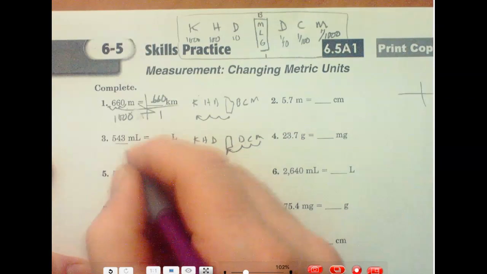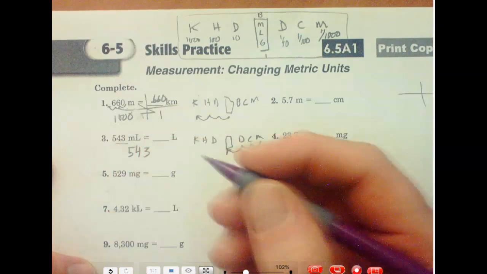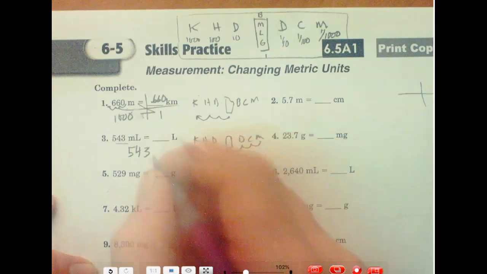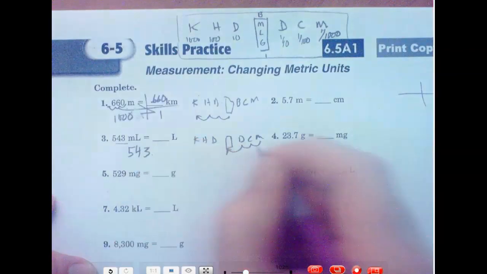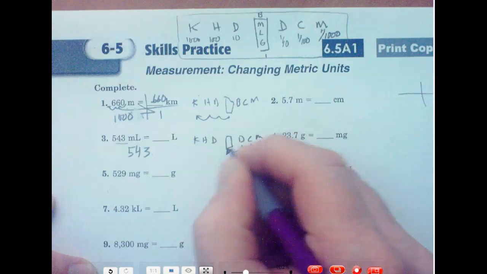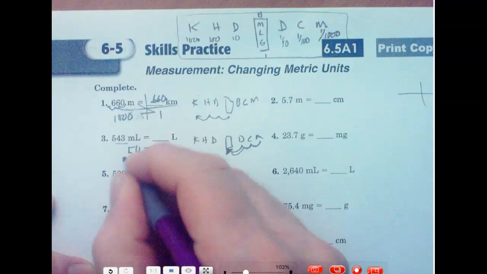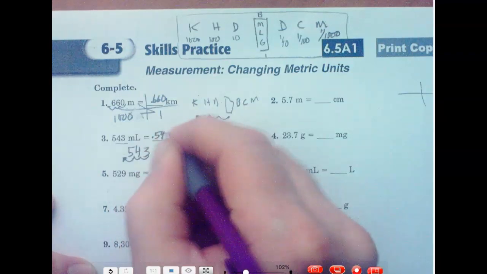So in a number like 543, kids are like, I don't know where to start. I don't know where the decimal is. If there's not a decimal in it, it's at the end. So it's right here. So we're going to go to the left. Notice how I put the arrow on there showing that I went 1, 2, 3 in this direction. We're going to do the exact same thing here. 1, 2, 3. And there's where your new decimal is. 0.543.